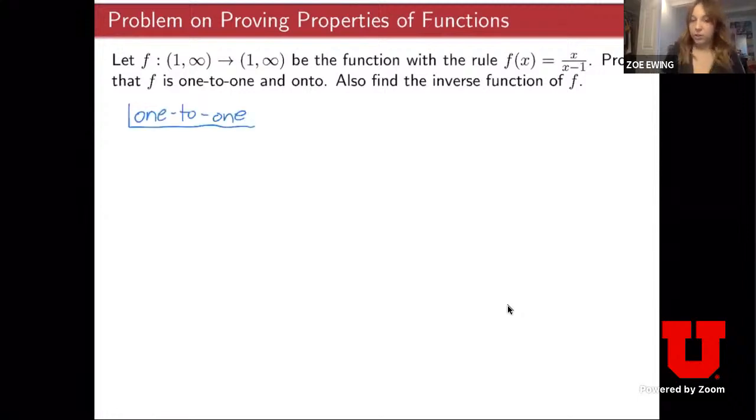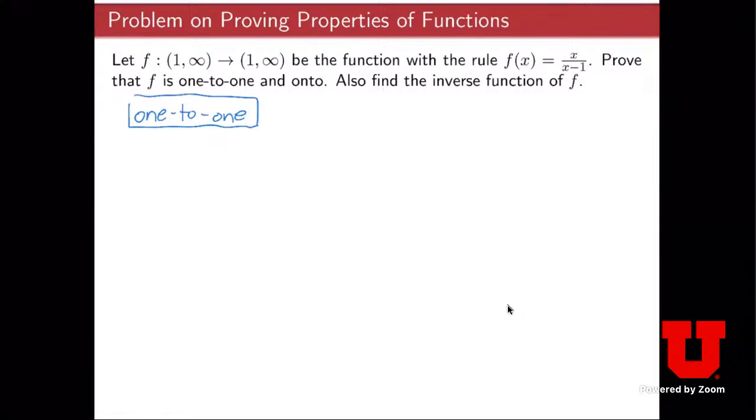So how do we start a 1-to-1 proof? Do we pick two different elements and then prove that the f's of those are different? Yes.